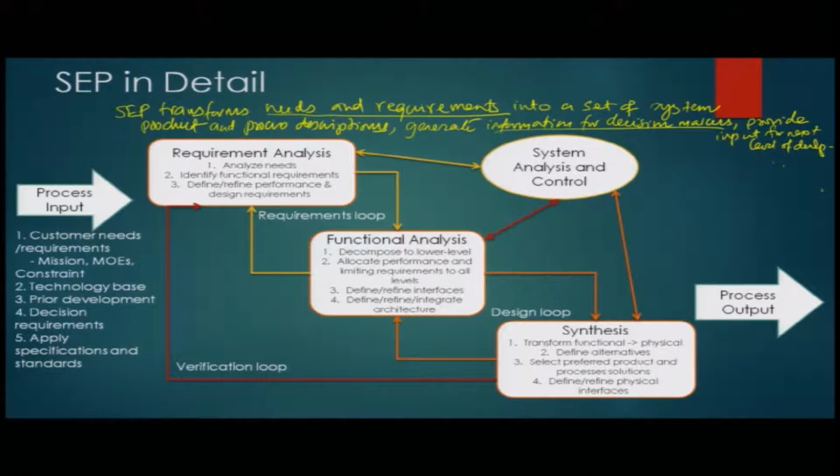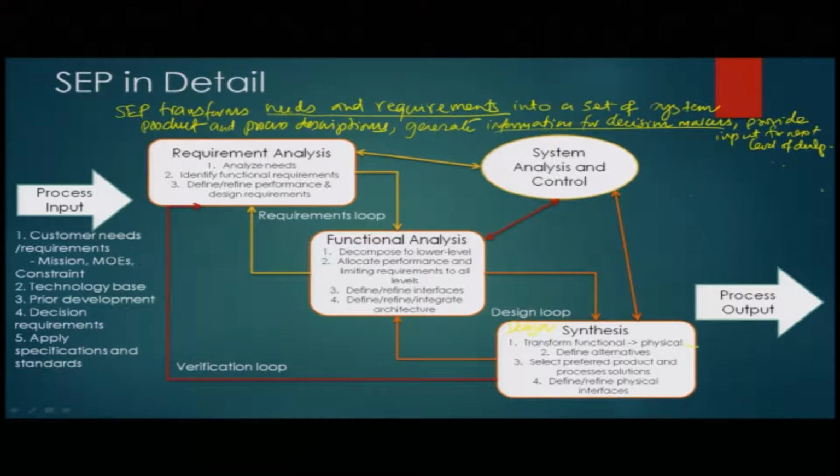Then once you have the functional analysis done, from there you go into what you call synthesis, or another way to think about this is design synthesis. Okay, you are synthesizing the design. So here you are transforming the functional requirements that came up from the functional analysis into what you call a physical system, a physical product or a sub-assembly.